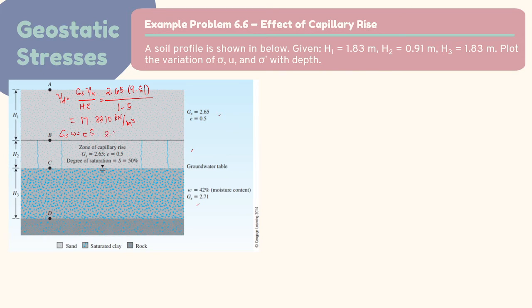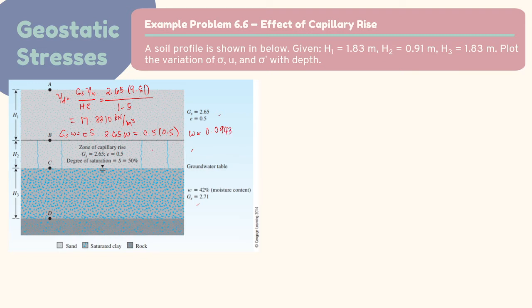So this is 2.65 times moisture content is equal to 0.5 times 0.5, and we arrive at a moisture content of 0.0943.